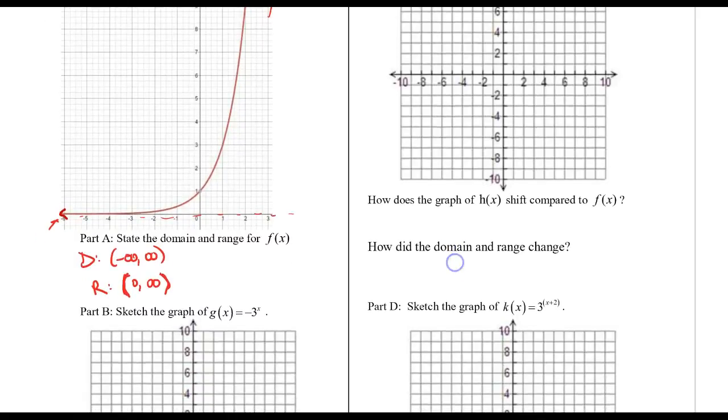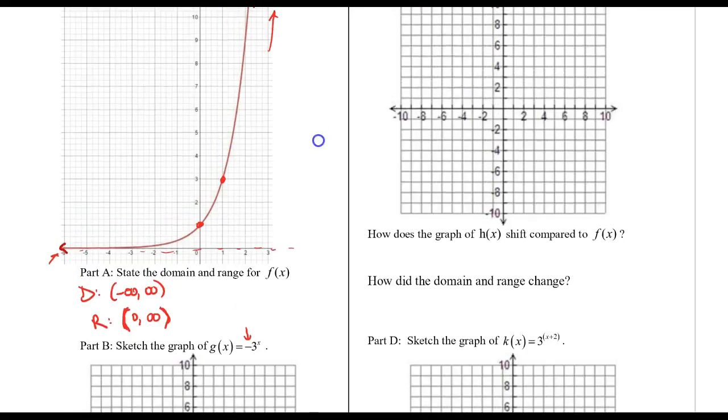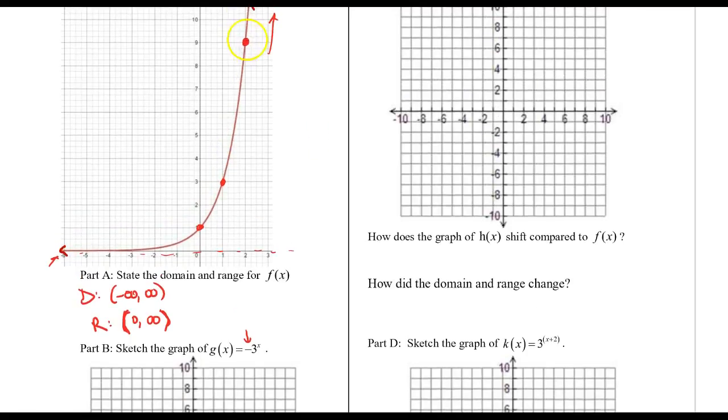Part B, sketch the graph of g of x, which is negative 3 to the x. We just talked about what this negative does. All it does is it flips our graph upside down. So we can take all these points that we can see on the original graph and just give them a negative y value. So points that we can tell where they're at, I can see this point, and I can see one more right up here.